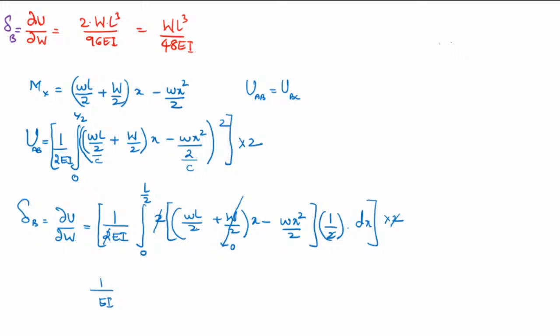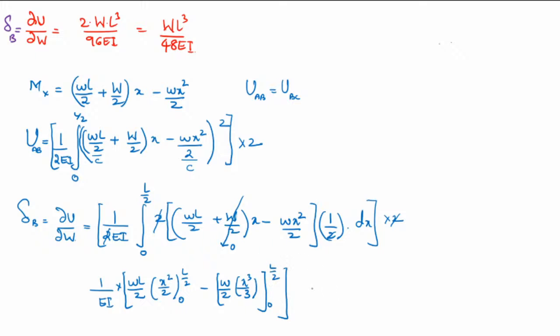So wL by 2, integration of this will be x, and integration of x is x square by 2. So wL by 2, I will pull it out, into x square by 2 over the limits 0 to L by 2, minus integration of this with respect to x, which is w by 2 into x cube by 3, over the limits 0 to L by 2.